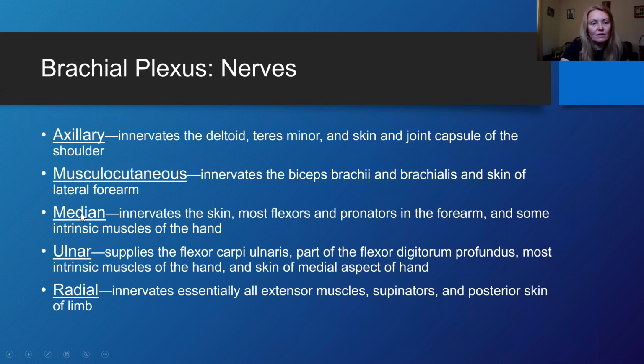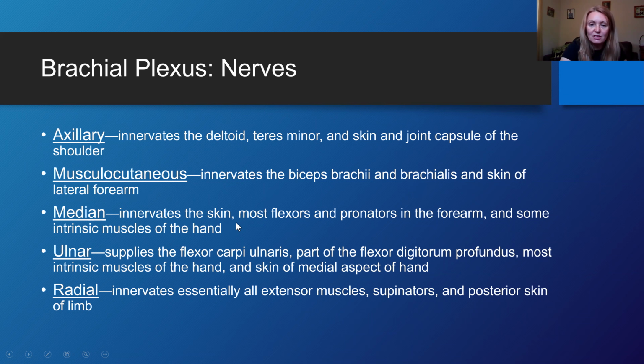Here are the major nerves that emerge from the brachial plexus. Axillary innervates the deltoid, teres minor, and skin and joint capsule of the shoulder. Musculocutaneous innervates the biceps brachii and brachialis and skin of the lateral forearm.